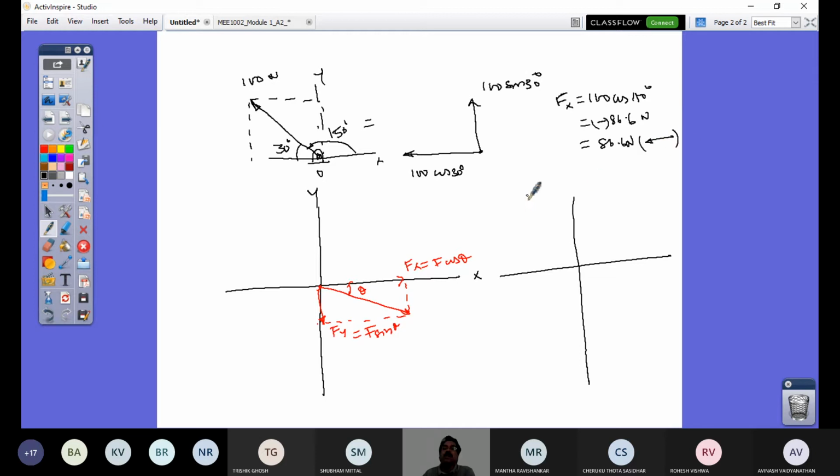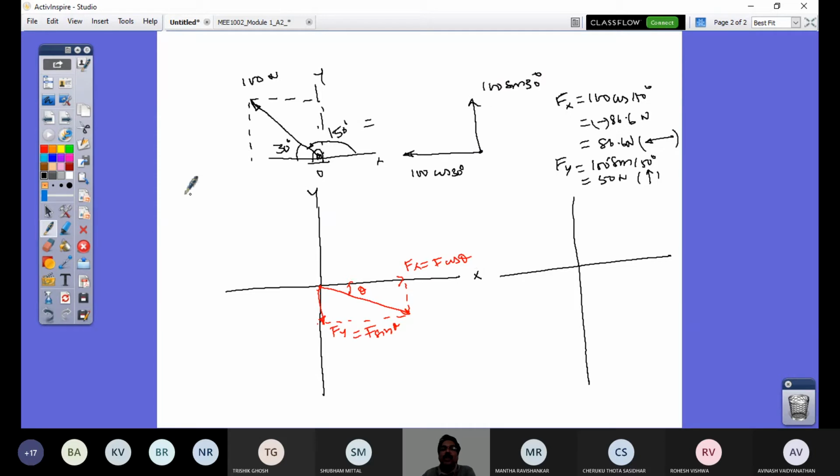Whereas what is Fy now? That is 100 sin 150 degrees, which is 50 Newton itself. Since it is positive, it is upward. So look at these two. If I bring these two tails together, that refers to this. That is what you should understand.